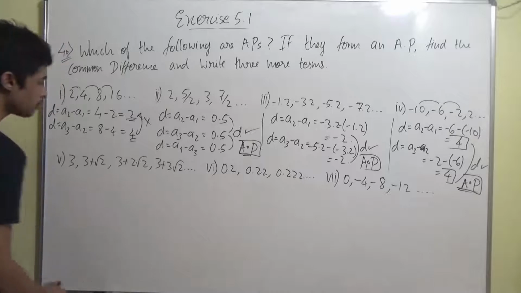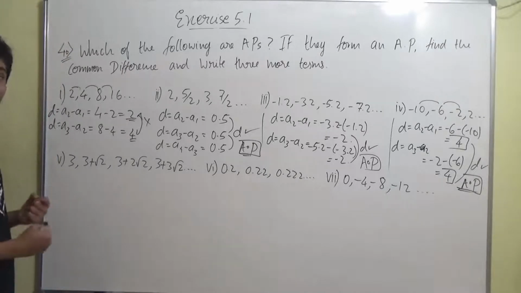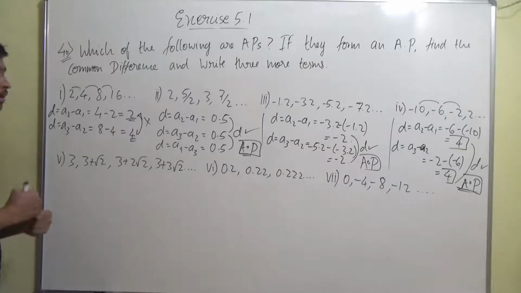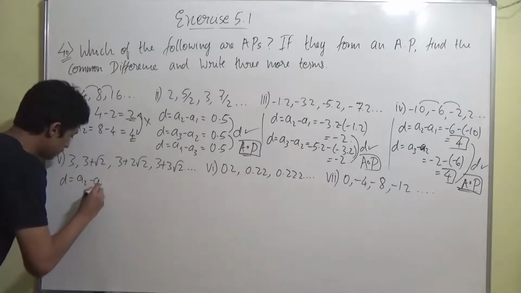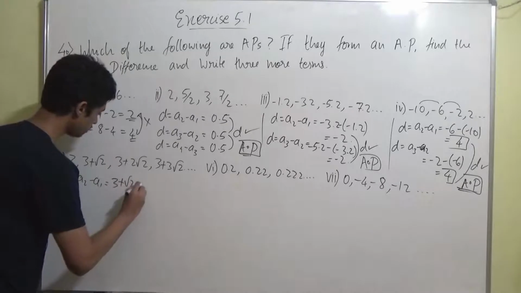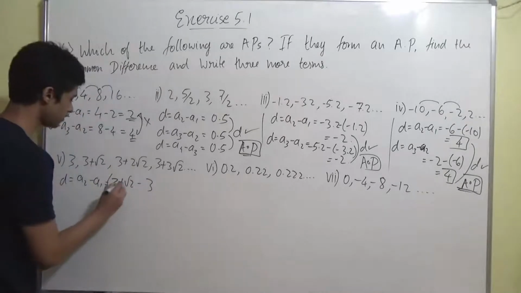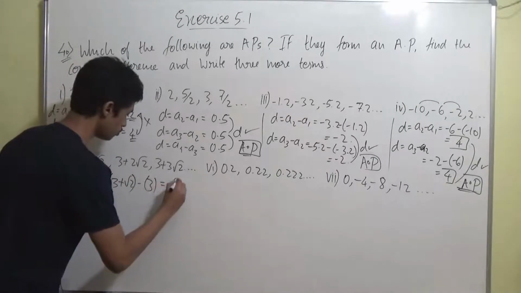Now if you come to this sub question, it is 3, 3 plus root 2, 3 plus 2 root 2, 3 plus 3 root 2. Okay, guys, now let's find the difference between a2 and a1. This will become 3 plus root 2 minus 3, which is equal to root 2.